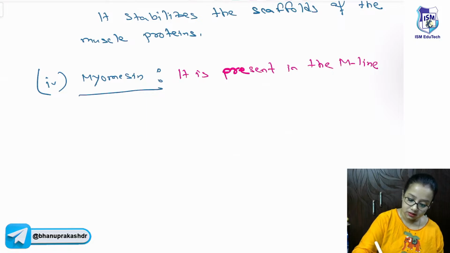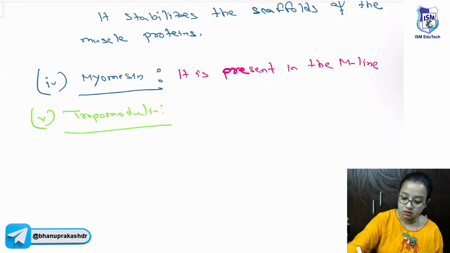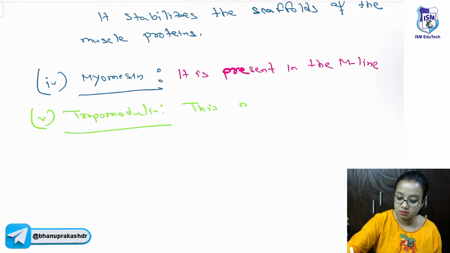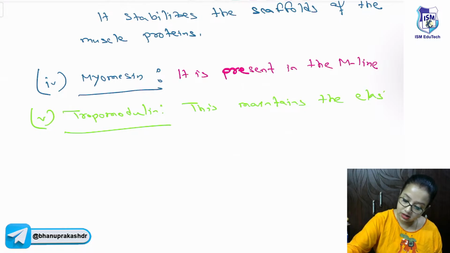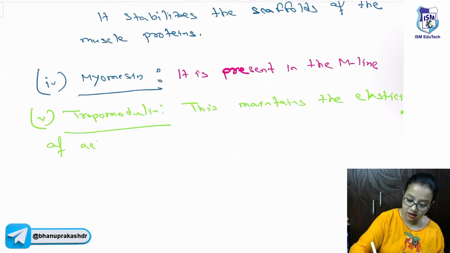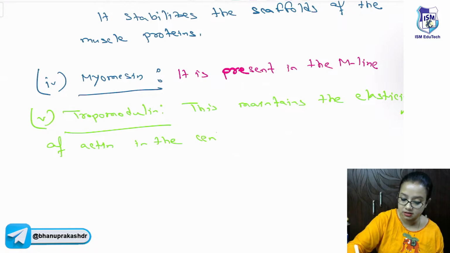Then next we have tropomodulin. This maintains the elasticity of actin in the center.